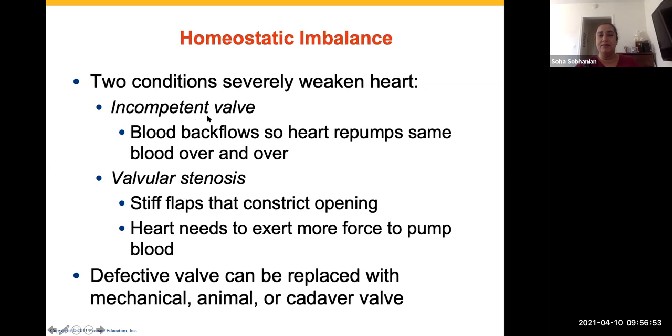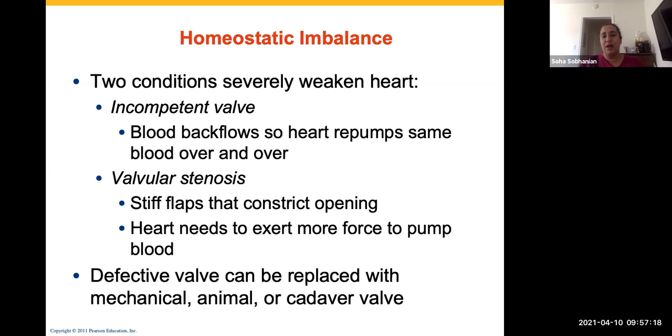With the incompetent valve, a lot of times you may have heard of a heart murmur before. Has anybody heard of that before, when somebody has a heart murmur? What they're talking about is basically that one of the valves of the heart is incompetent, which means the blood is not effectively circulating because there's a backflow.